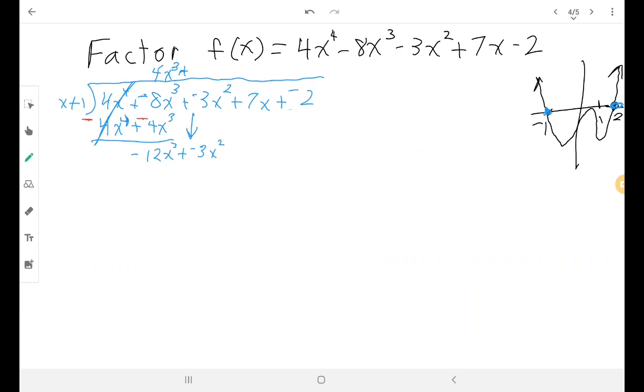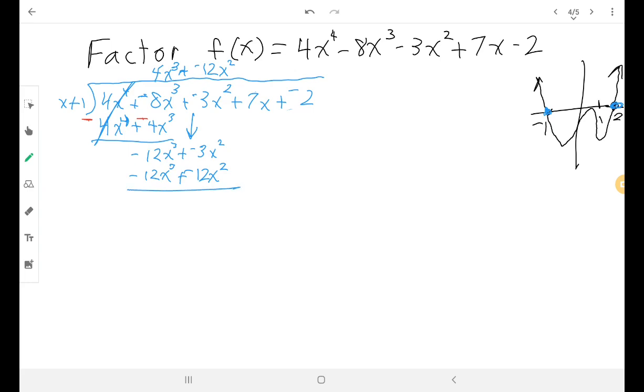Okay? So now I need to multiply by x to make negative 12x cubed. Well, that means I have to multiply by negative 12x squared, because negative 12x squared times another x gives me negative 12x cubed. That is 3 of them. Plus negative 12x squared times 1 is negative 12x squared.